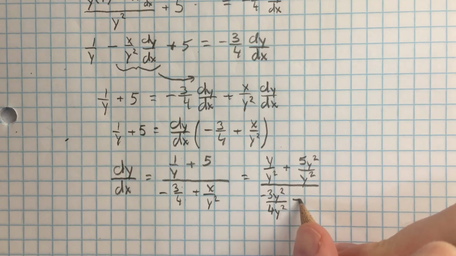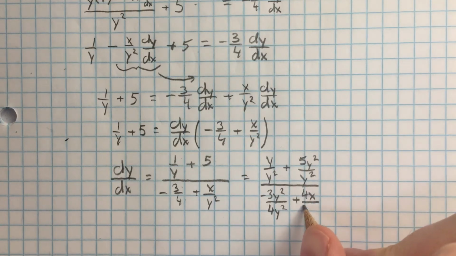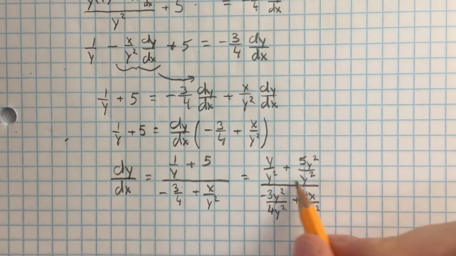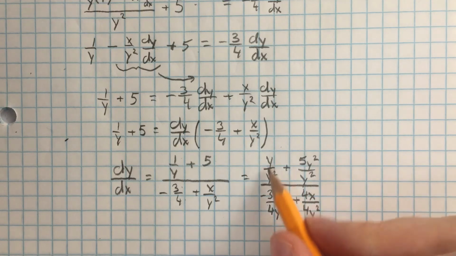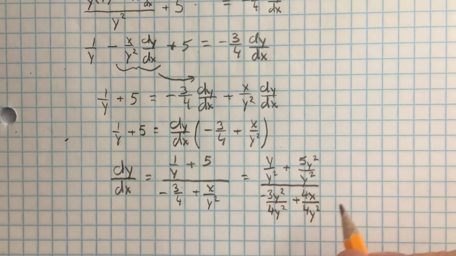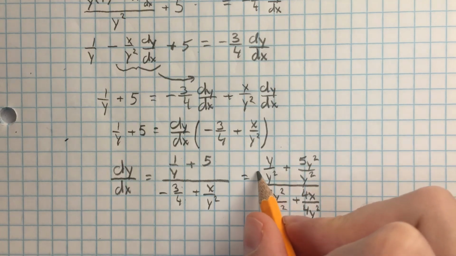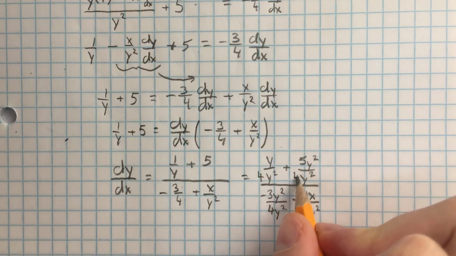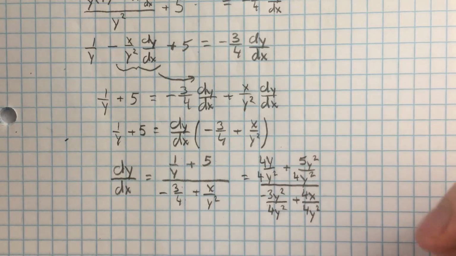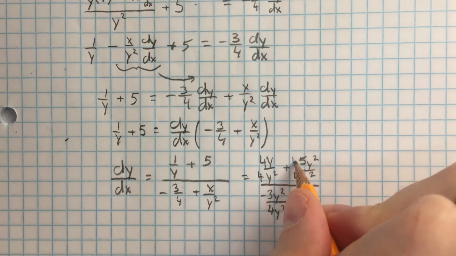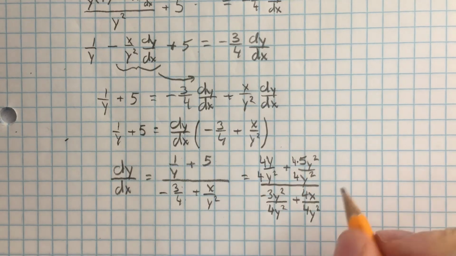And then we'll have plus 4x over 4y squared. Okay, it's true I don't have a 4 up here. I didn't get the denominators exactly the same. We could introduce the 4's right now. There's another way I was going to play it, but let's just go ahead and introduce the 4's here. So this will be a 4, and then this will be a 20. Let's write the 4 times that.